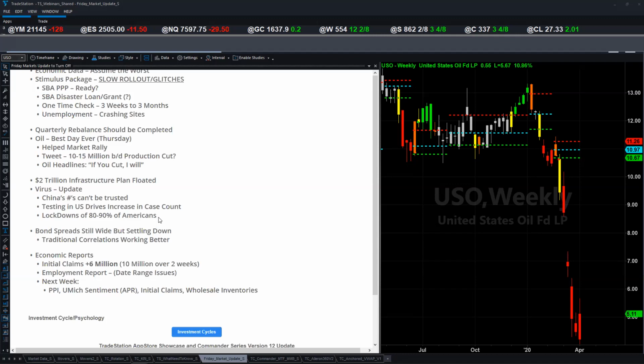Right now, one of the things that rocked markets this week was the idea that the best guess on the amount of deaths from now through August is somewhere about 100 to 240,000 U.S. lives. And we're seeing a lockdown of about 80 to 90% of Americans, and that is one of the problems right now with the economy and the question about how long it is going to take for the economy to recover and for everybody to go back into their job.